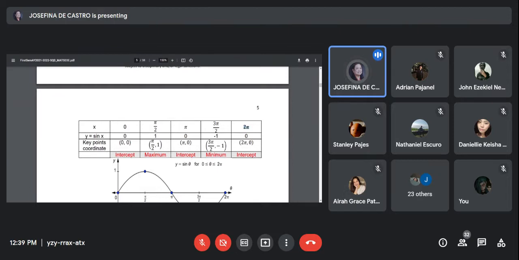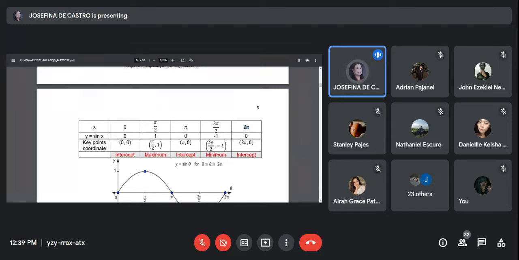Kaya yung 2 pi, hahatiin natin sa 4. 2 pi divided by 4 is equal to pi over 2. Ibig sabihin, ang intervals natin ay tig-90.